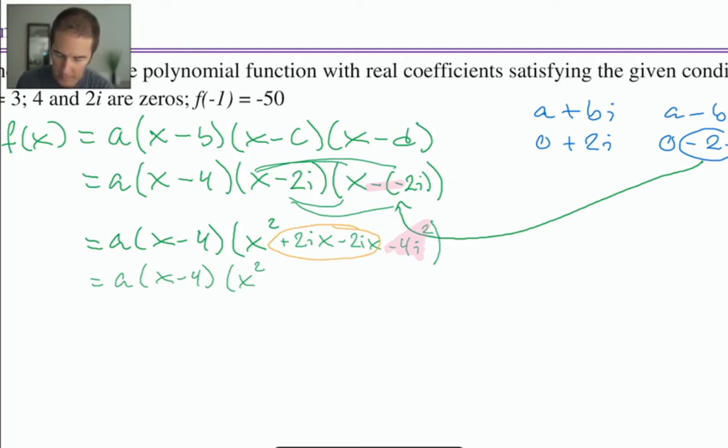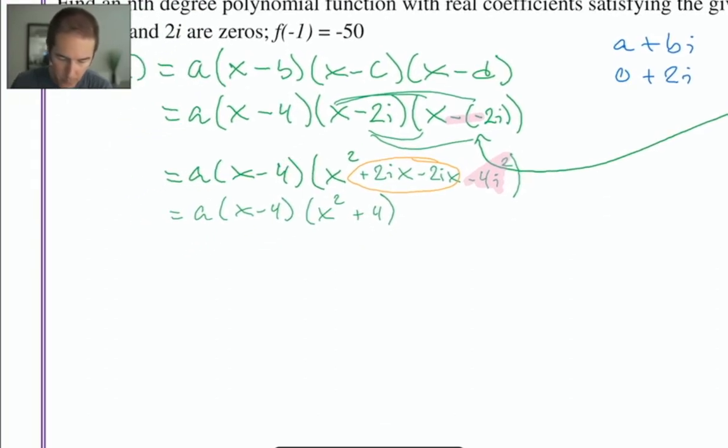Anytime you FOIL conjugates, the O and the I terms will cancel. Great, now I can FOIL again. We'll FOIL these two factors. That's x to the third.